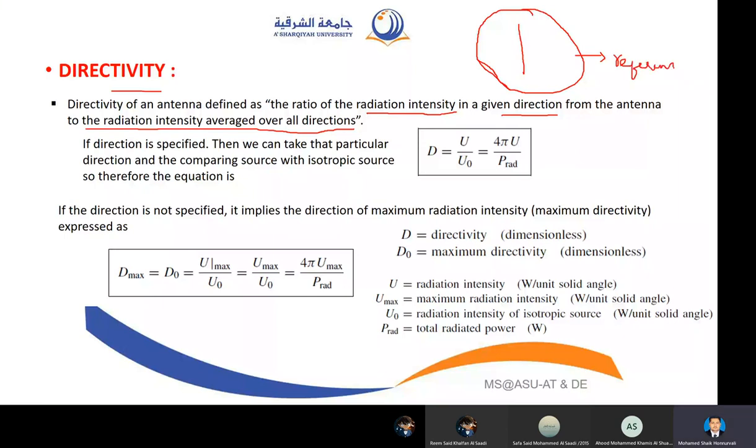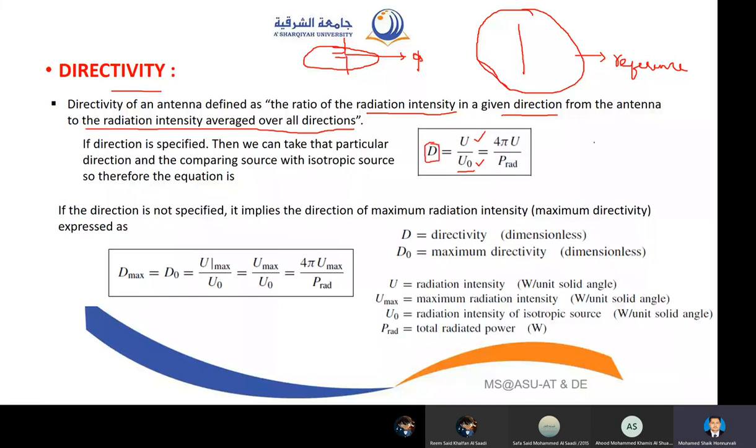For example, if I take another antenna, a dipole antenna, let us assume this is radiating in only the phi direction, only one horizontal plane. Therefore, the radiation intensity U in that direction divided by the radiation intensity in all directions gives you directivity.